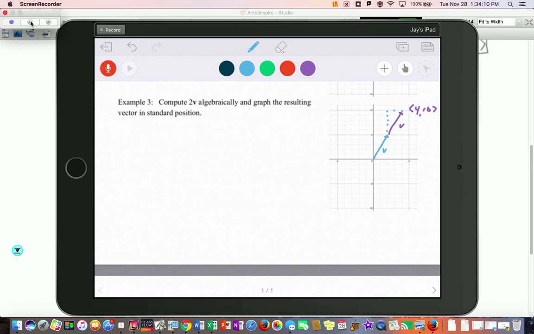So the visual is 2v, same direction, same length. Well, the vector or scalar multiplication here, sorry, v is 2 comma 5. And so you end up with 4, 10. And again, the visual and the mathematics work.